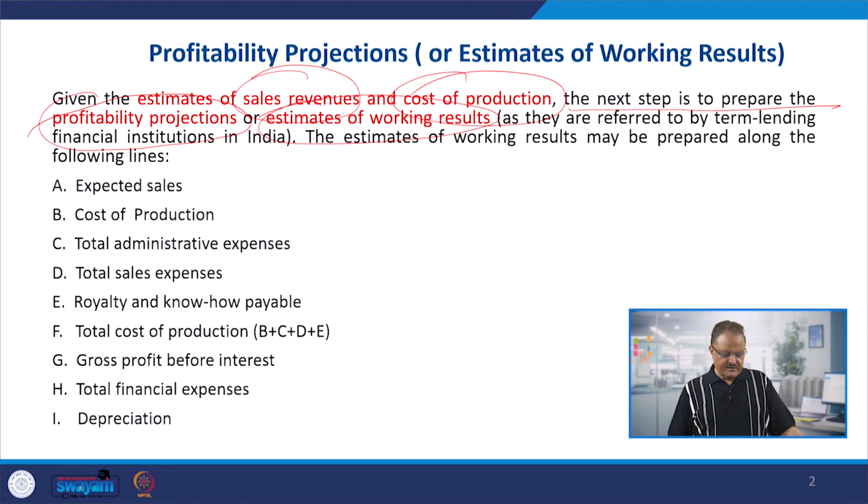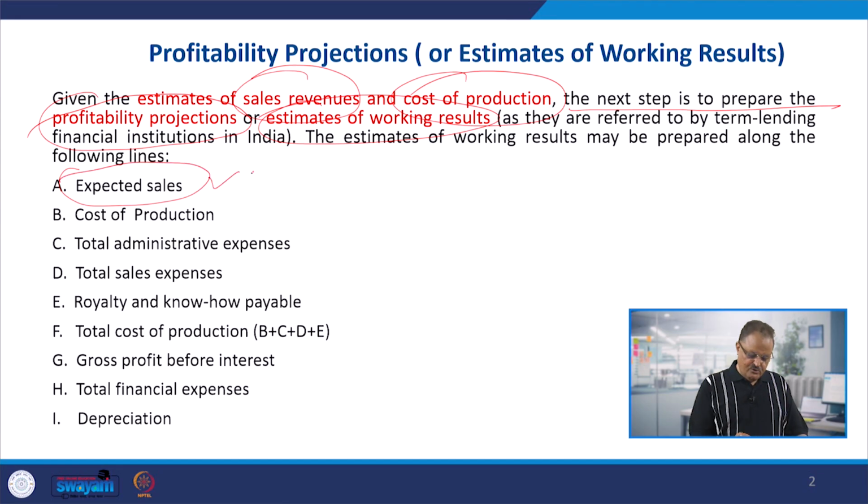So how do we go for the profitability projections? We start at the top, where we keep the expected sales, how much sales are going to be there, and where we get it from: the market and demand analysis. So we are going to have these estimates from the market and demand analysis.